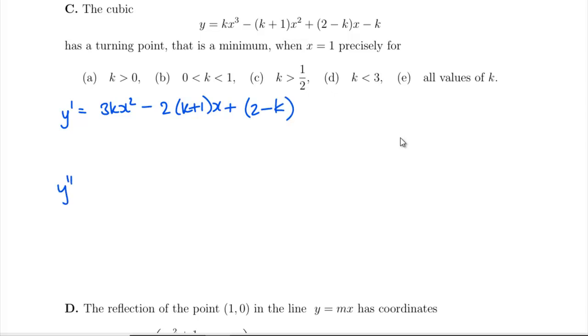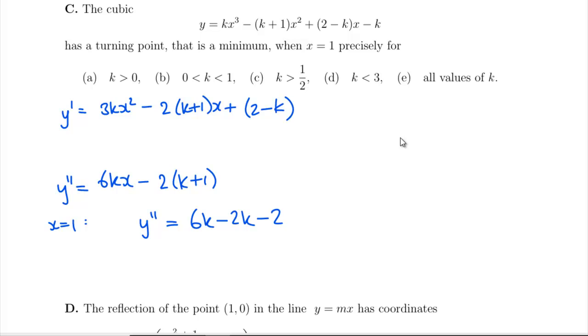Do that again, I'll leave a bit of space. y double dash is 6k x minus (2k plus 1). So when x is 1, y double dash is 6k minus 2k minus 2, and we need that to be greater than 0. So 4k is greater than 2, k is greater than a half.